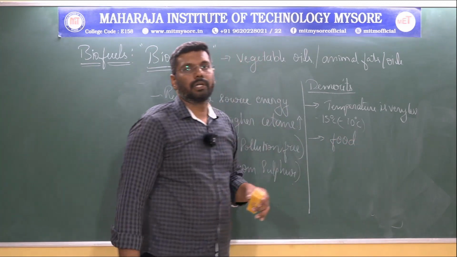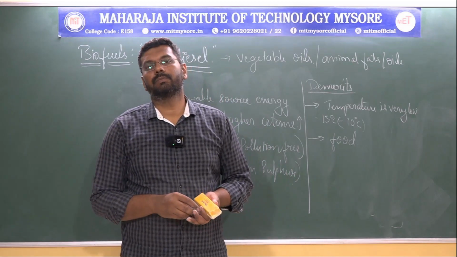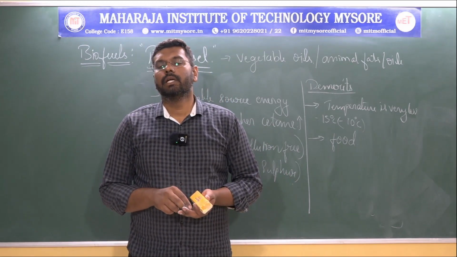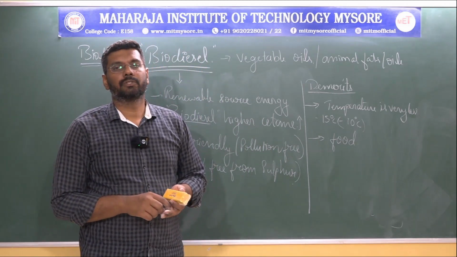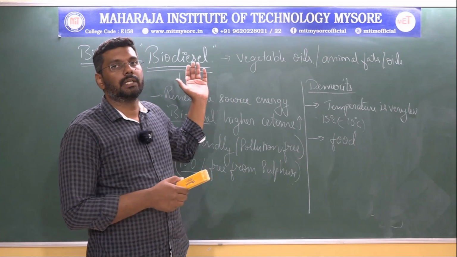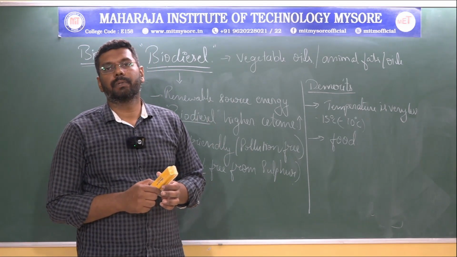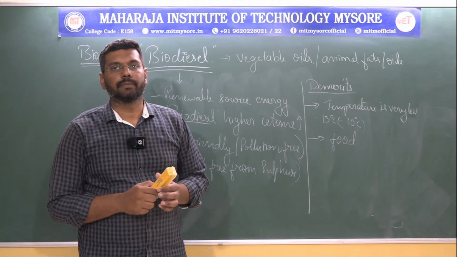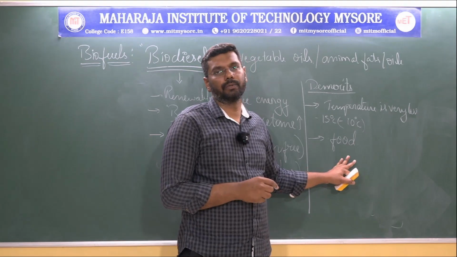Most of the vegetable seed or oil produced in the country would have to be used for biodiesel synthesis. Hence it may lead to scarcity of vegetables, and a food competition can be created. That is one of the major demerits of biodiesel.